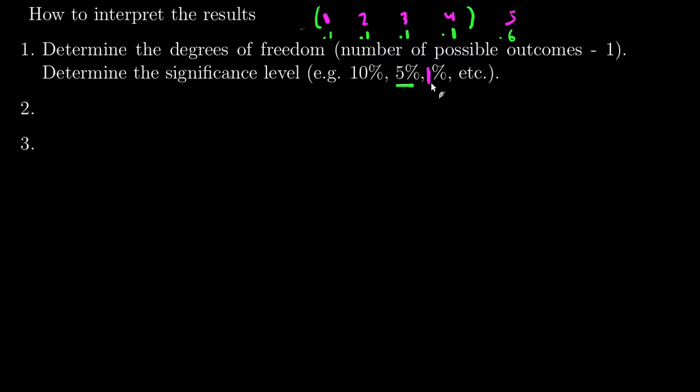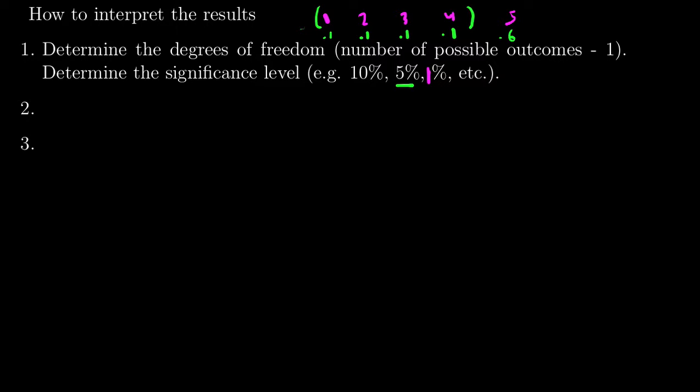And 1% means that it's even less likely that I have messed up, have an error that shows me that I think I'm off, but I'm actually the same. So the smaller the percent for significance level, the stronger rejecting the null hypothesis is. And accepting the null hypothesis doesn't guarantee that it's true. It just says I'm not far enough away to make it false. And we'll see all this stuff in our examples.